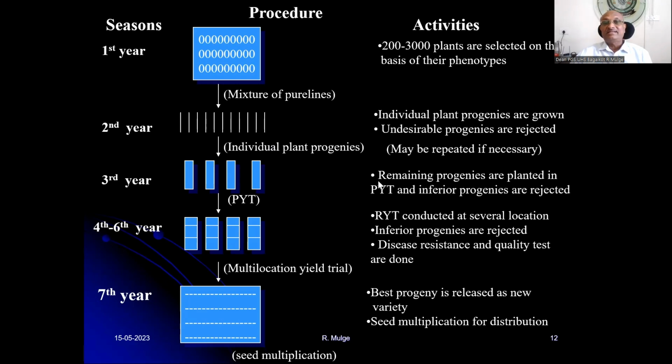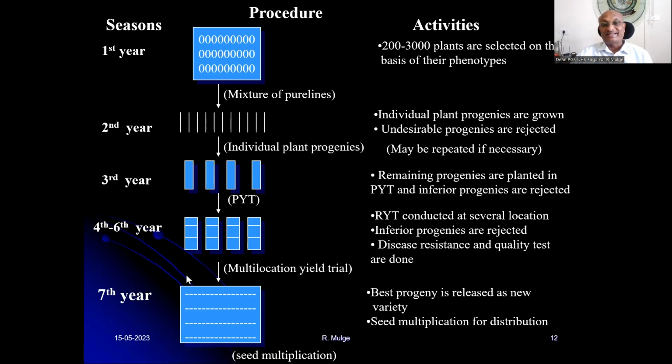And then the third year, it is the preliminary yield trial, right? Remaining progenies are planted in the preliminary yield trial. Inferior progenies are rejected here. And then the fourth to sixth year, multi-location trial, like that RY, replicated yield trial. Replication, not one block, it is the same varieties, repeated, replicated yield trial conducted at several locations.